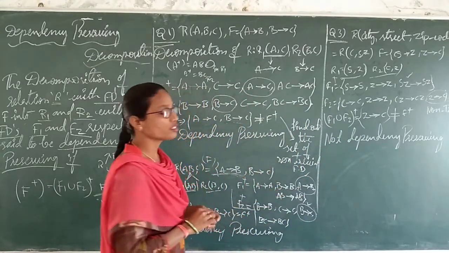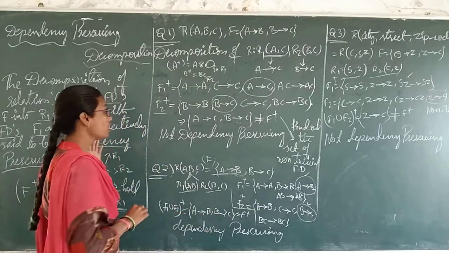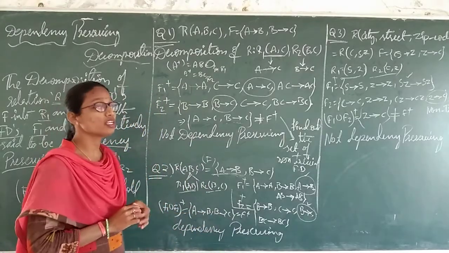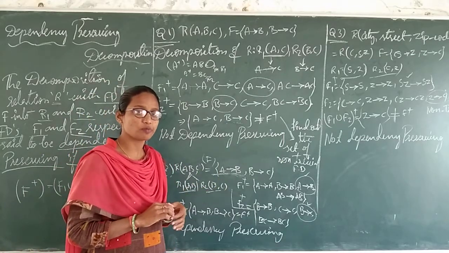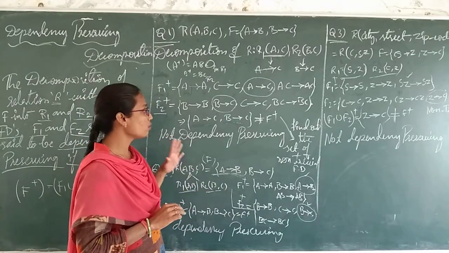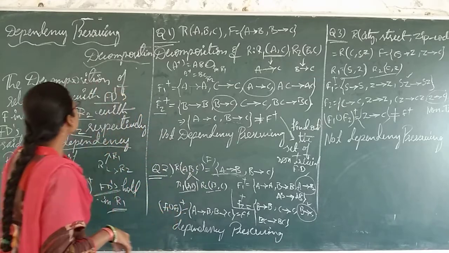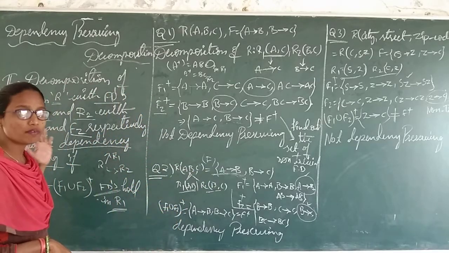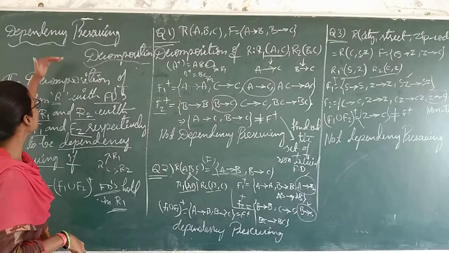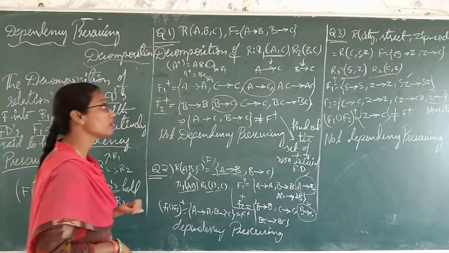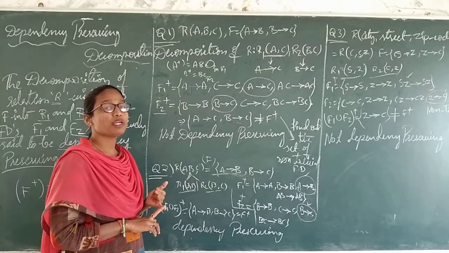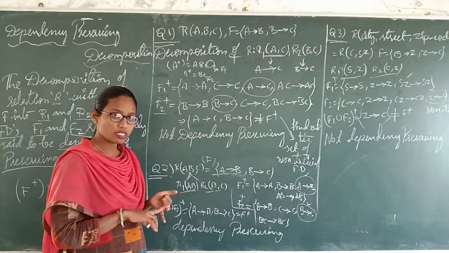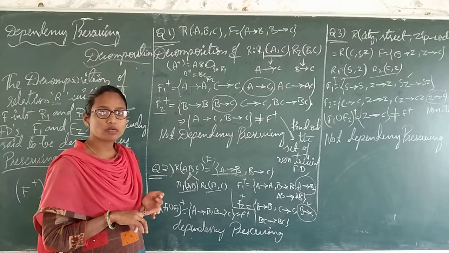You have to understand this lecture on dependency preserving decomposition. This is also very important before we learn normalization. In this lecture we are learning decomposition. Before dependency preserving decomposition, first we know decomposition, and then lossy and lossless decomposition.